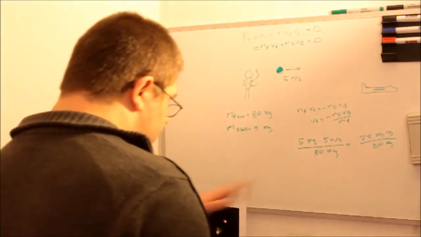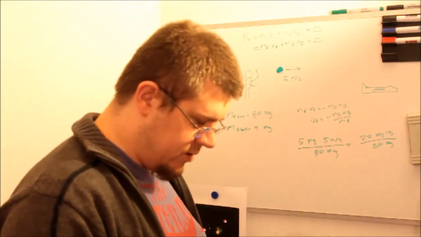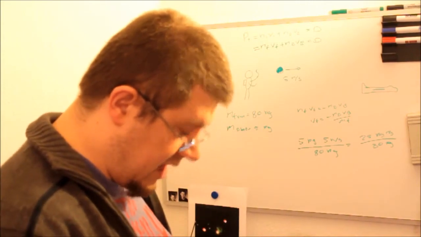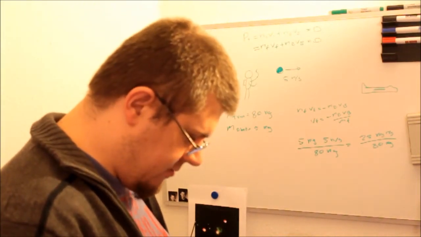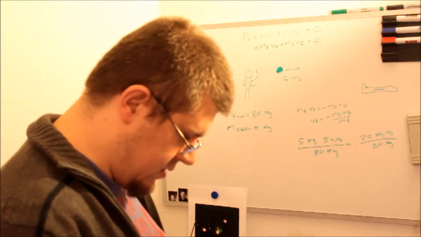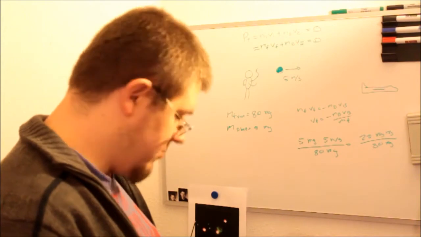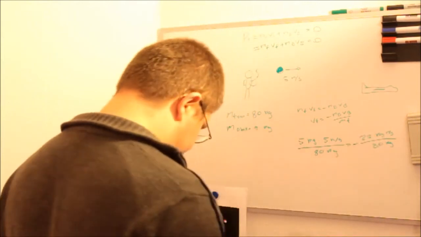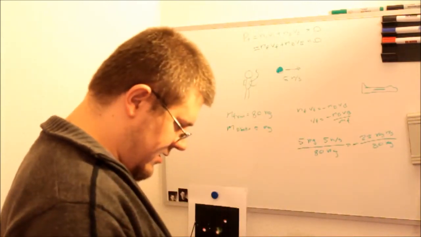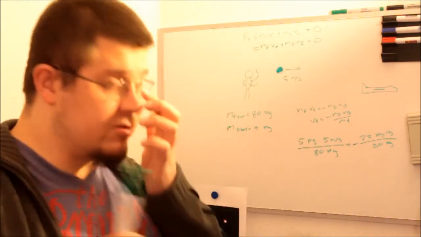Now I could probably calculate this in my head if I wanted to, but because I'm pressed on time, and because I'm lazy, I'll just use my good phone here to figure out what Fred's speed will become. That is minus 25 divided by 80.